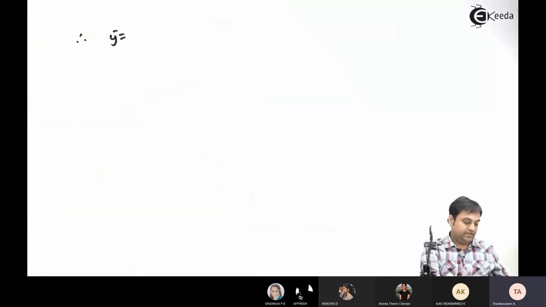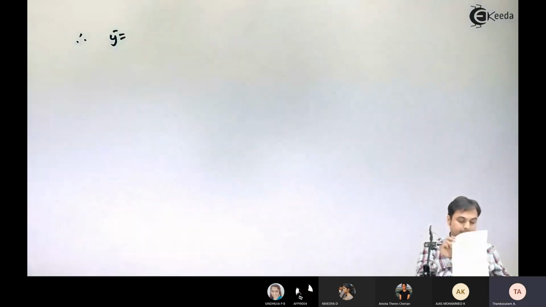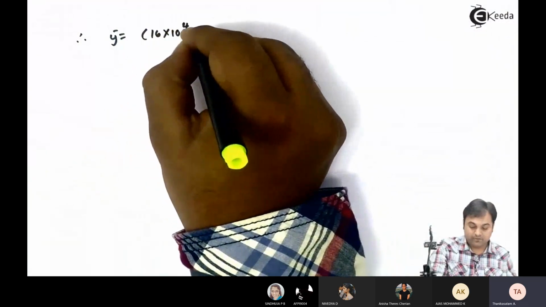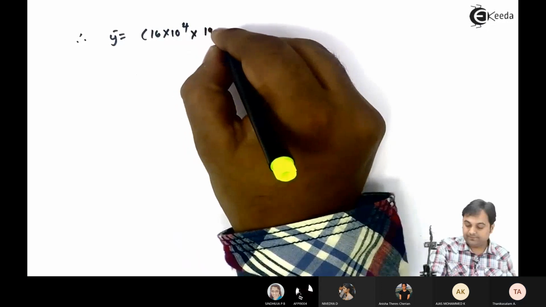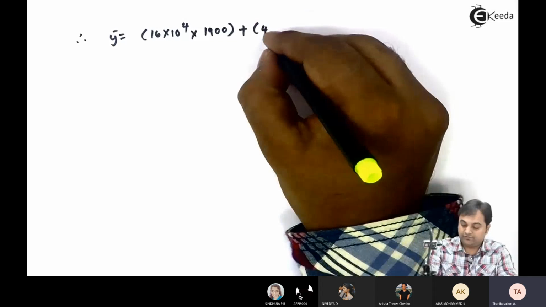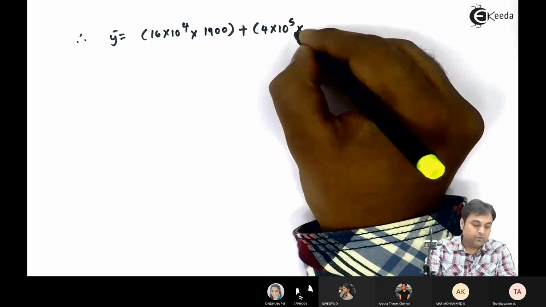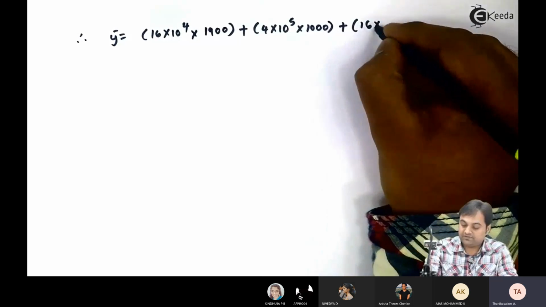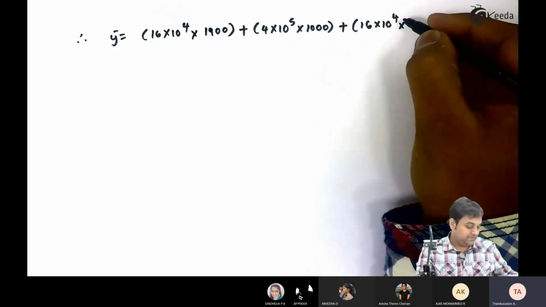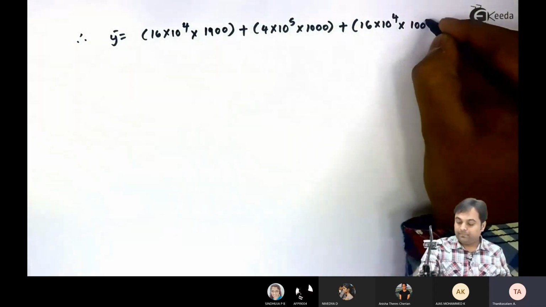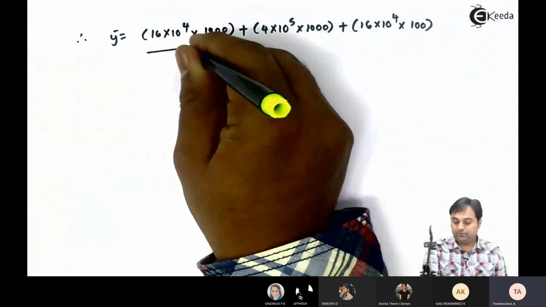Therefore, y bar is equal to a1 y1 and the value of a1 y1 is a1 is 16 into 10 raised to 4, y1 is 1900, plus a2 y2, a2 is 4 into 10 raised to 5, y2 is 1000, plus a3 y3, a3 is 16 into 10 raised to 4, y3 is 100, divided by area 1 plus area 2 plus area 3.